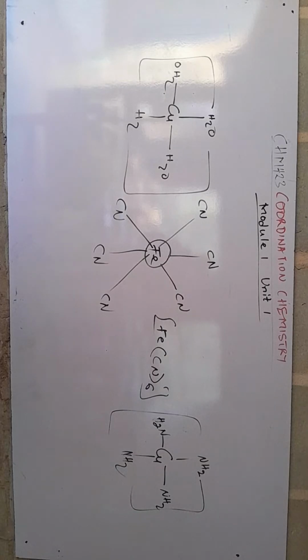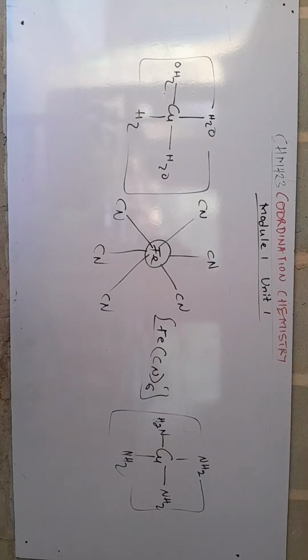That is to say, the backbone of modern industries and medicine has to do with coordination chemistry. And what is it based on? Coordination chemistry is based on complex ions or coordination compounds. Take note of that.